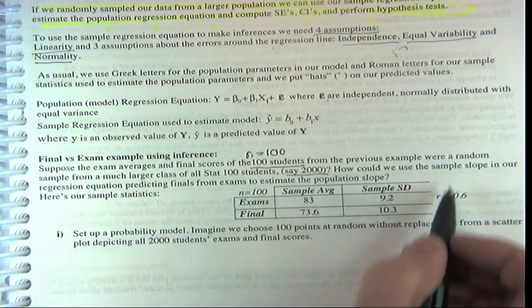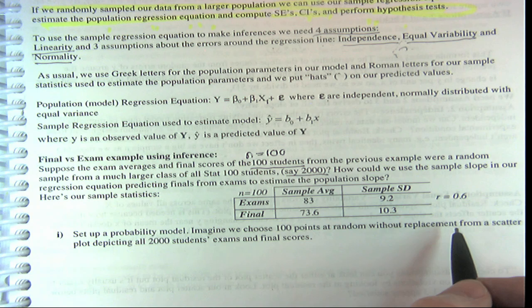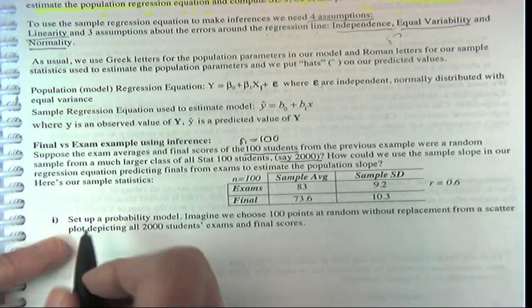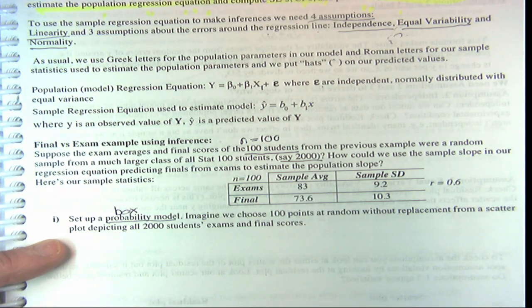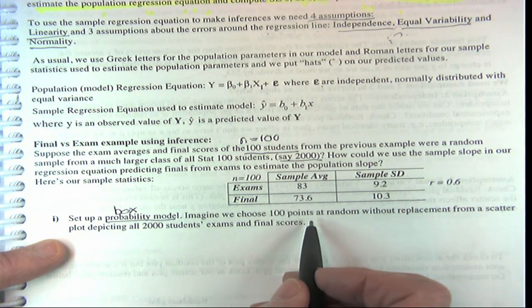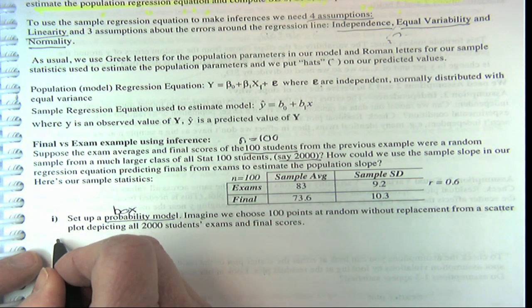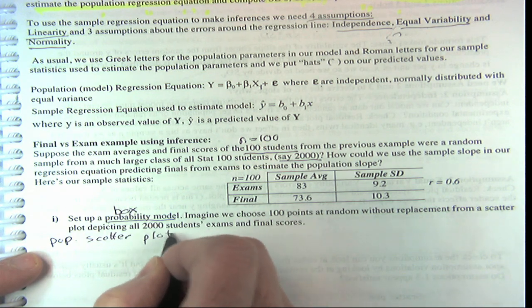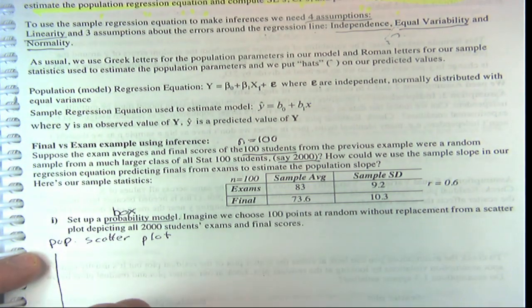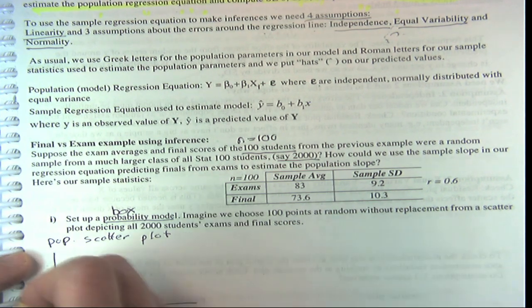Okay, so here are our sample statistics. Now, what are we doing here? Let's set up a probability box model, because now we're making inference. Imagine that we had some population scatter plot, with exams and finals.